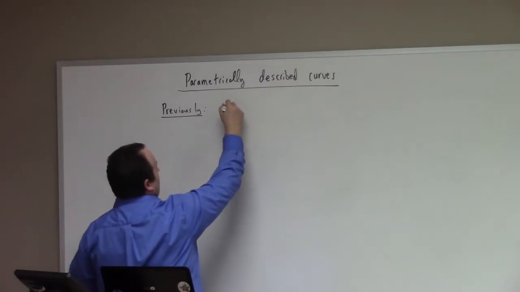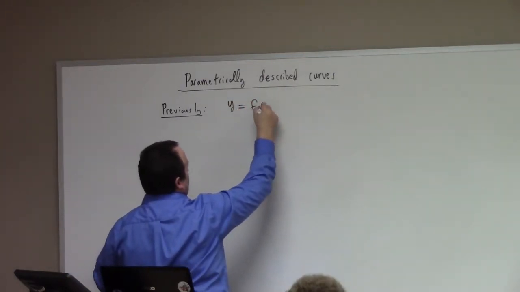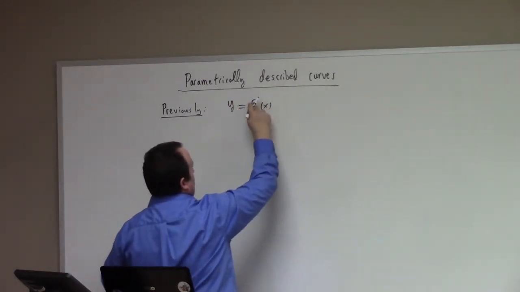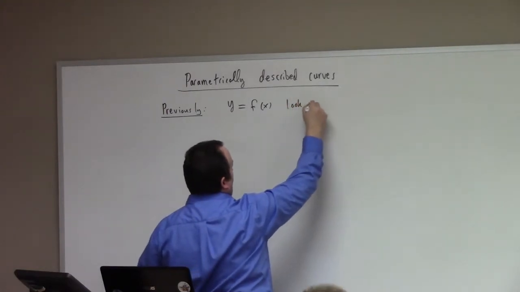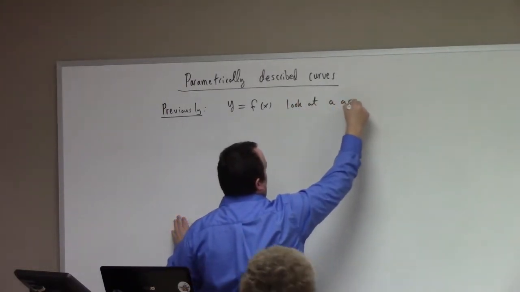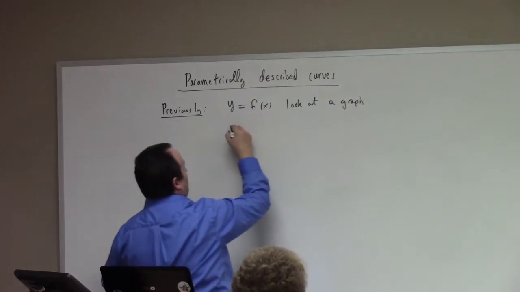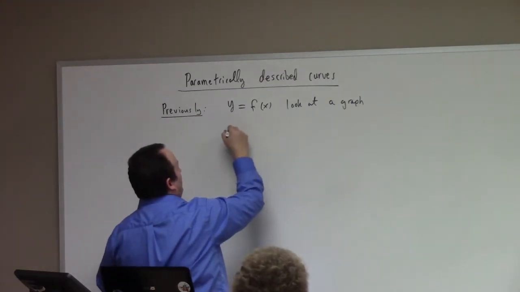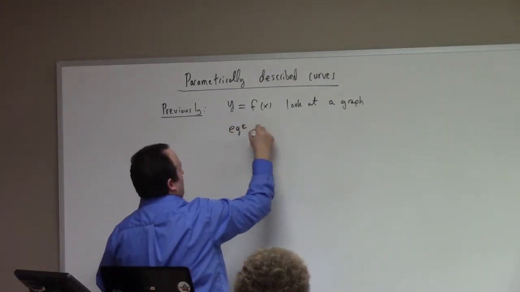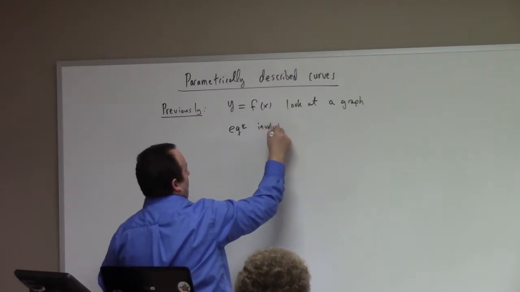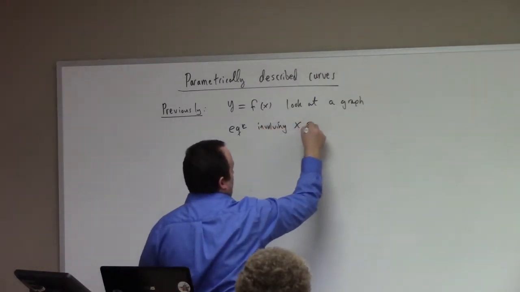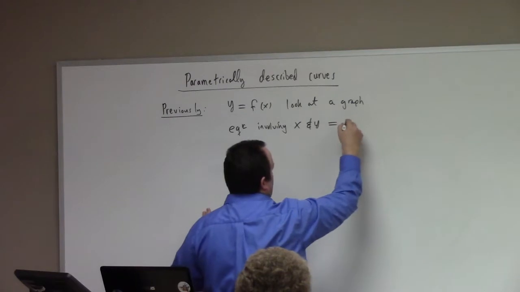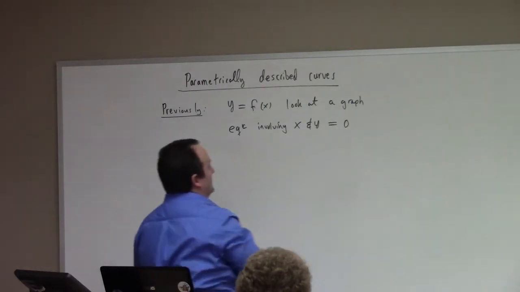We either have y is equal to f of x, right? And you look at a graph, right? Or you have some equation involving x and y equal to 0 usually.